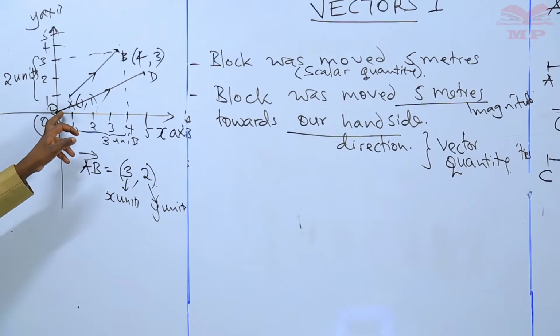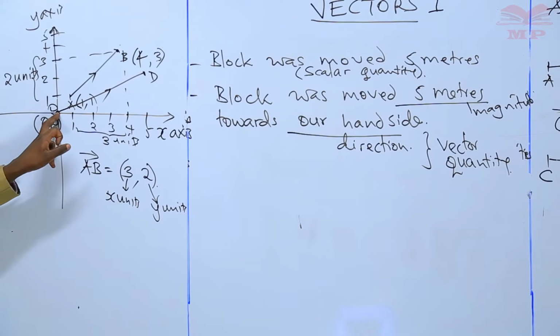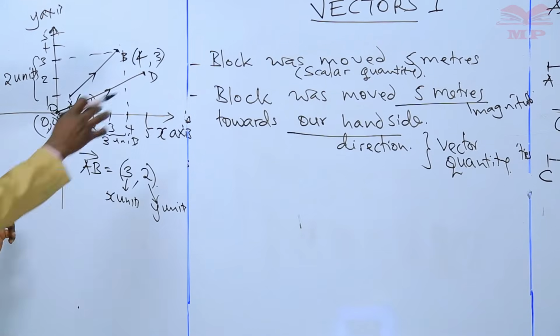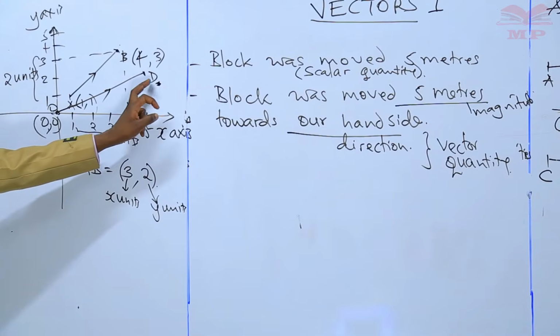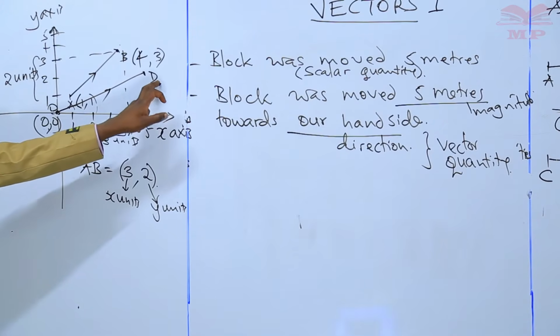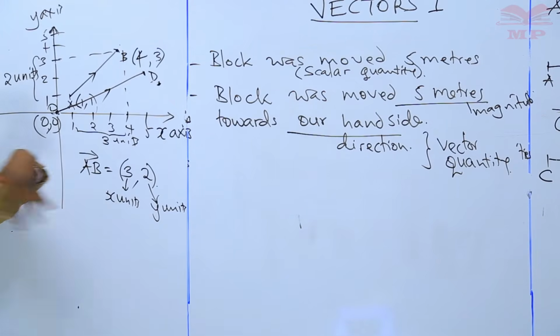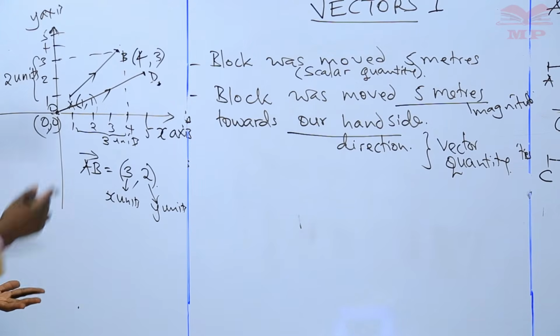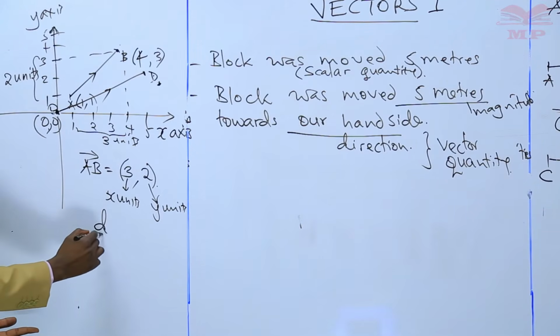In this case, this is called a position vector because it starts from the origin, or the center of the Cartesian plane. So normally we use the last letter, for example in OD we are moving towards D. So D here is the last letter, O is the first one. We normally use this last letter to give that vector a name. For example, this vector would simply be called vector D.